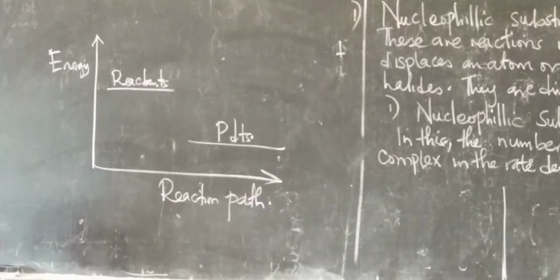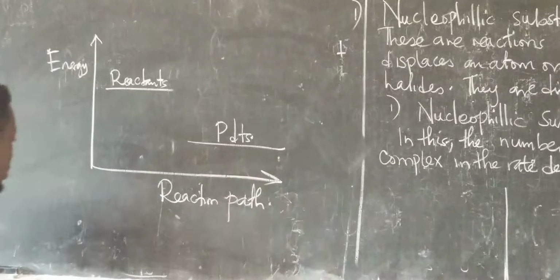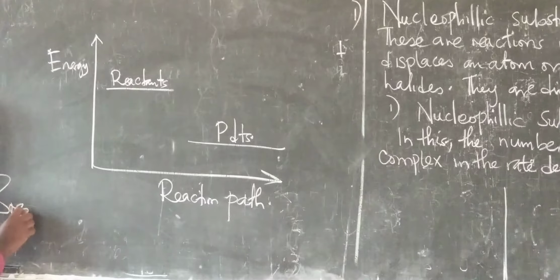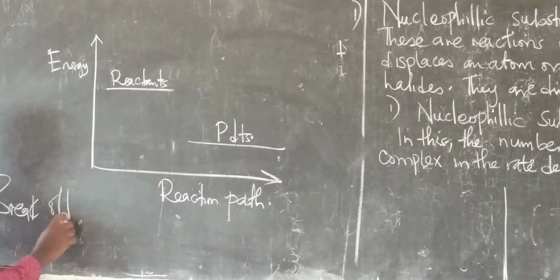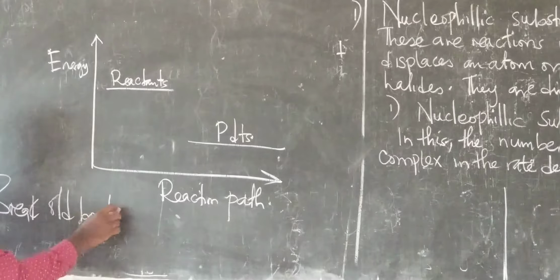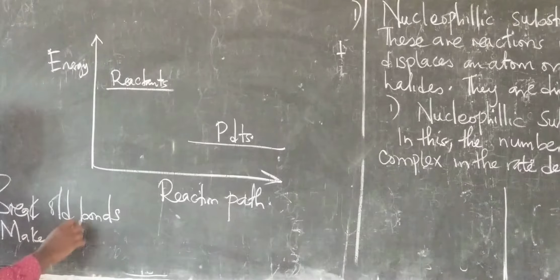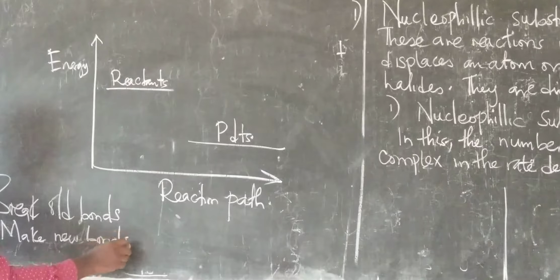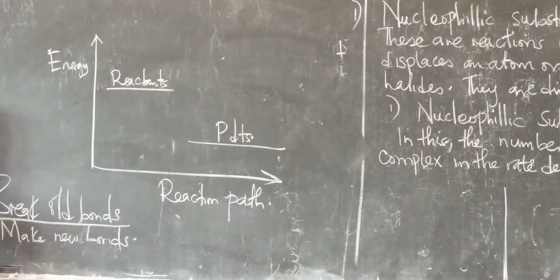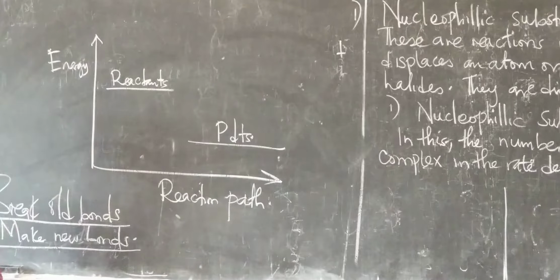So we need to supply energy to the reactants for them to react. Because for a reaction to take place, we need to break bonds, and make new bonds. The breakage of the bonds and the formation of new bonds requires energy.